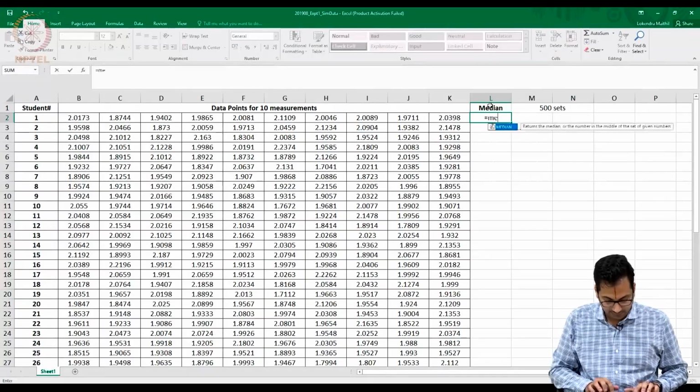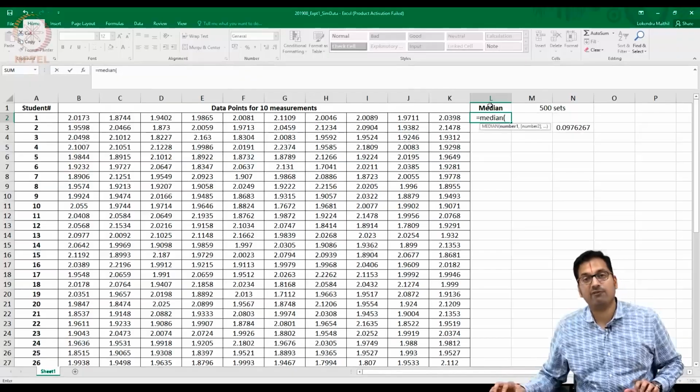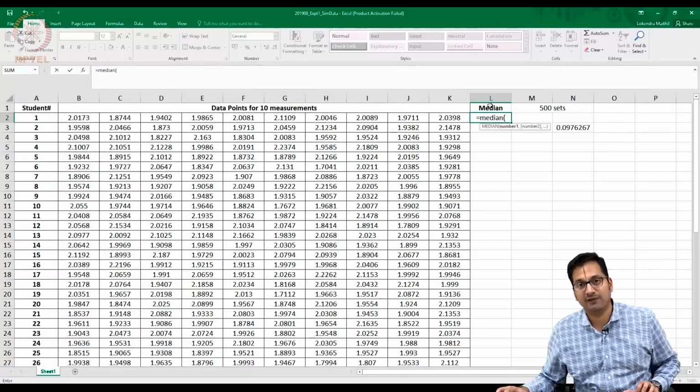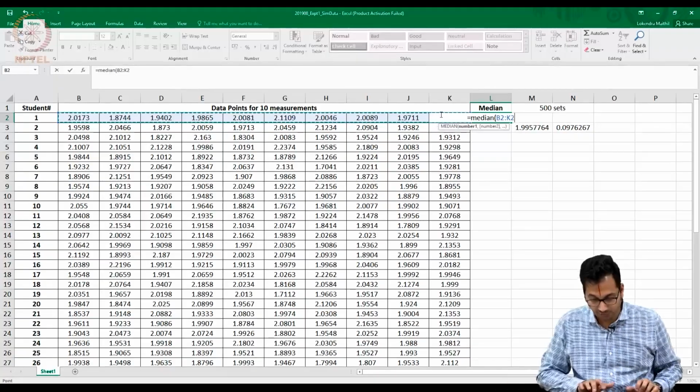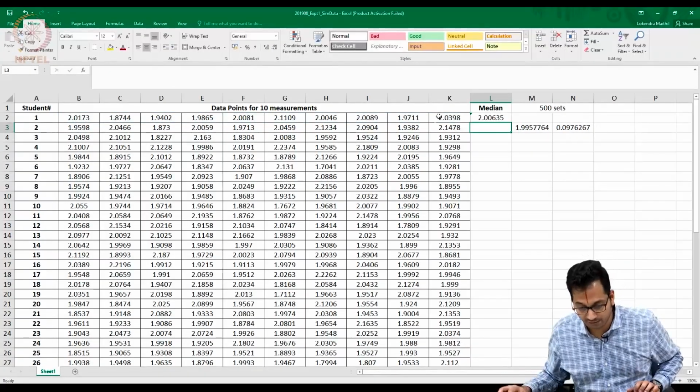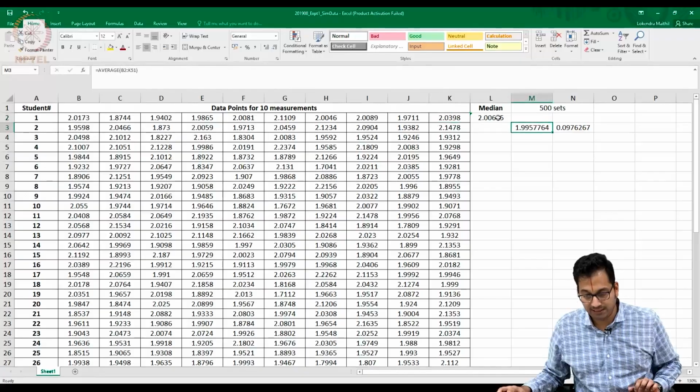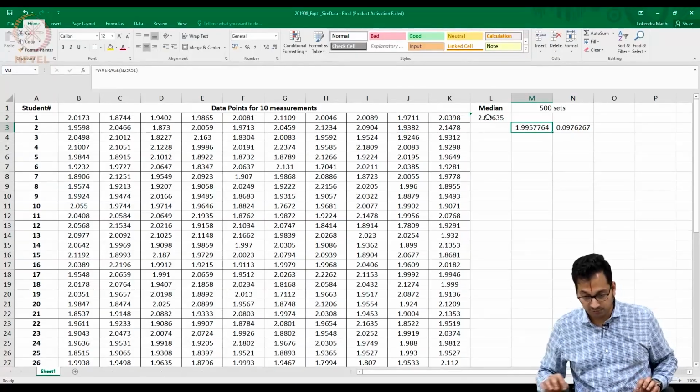Similar to the functions that I introduced for average and standard deviation, there is also a function in the spreadsheet called median, which will help you find the median of this data set. You can see the median and the mean are very close in this example.